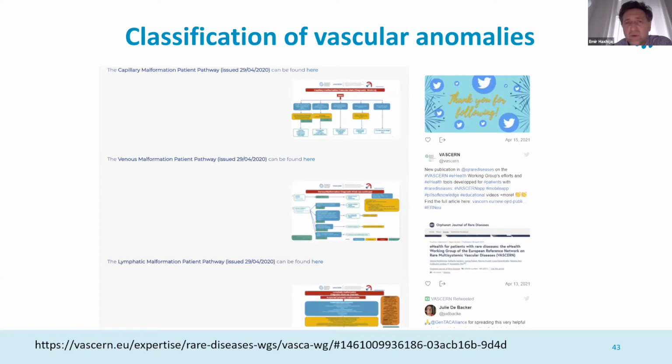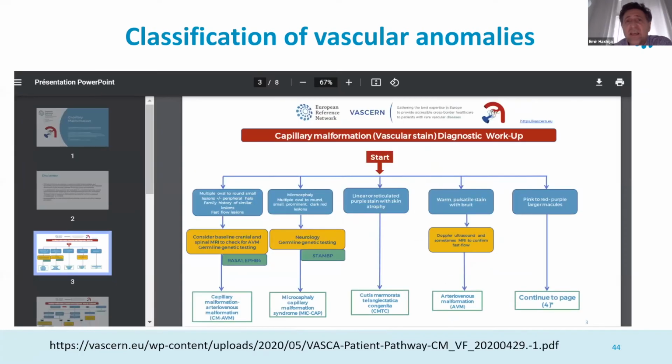I will come back to those in other sections. And here is the capillary malformation diagnostic workup, so that you can find out where your patient with a capillary malformation and some change, overgrowth or not, belongs. What will be the final diagnosis? In this case, it's an 8-page document, easily downloadable from our website.